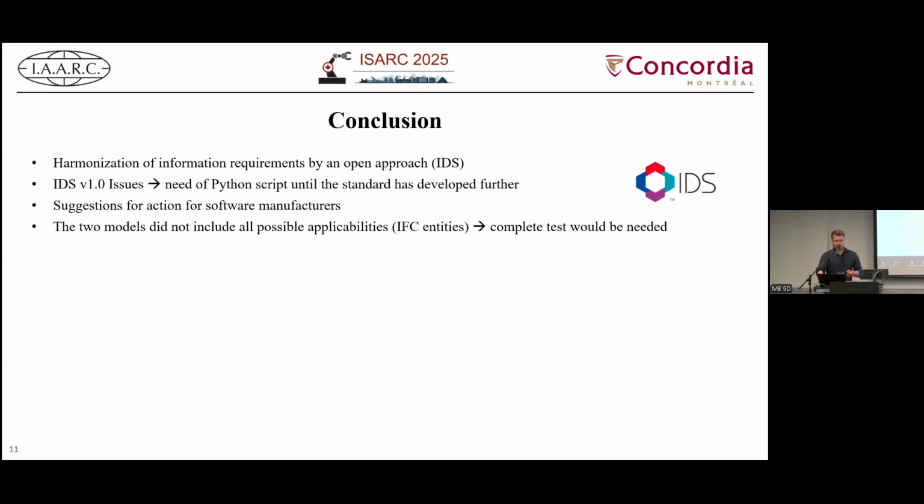A suggestion for software manufacturers would be that hopefully there will be an agreement on a specific terminology, so that we don't have so many various approaches in the future. In the validation, the 2 models we used did not contain every possible IFC entity, so a complete test would be needed.